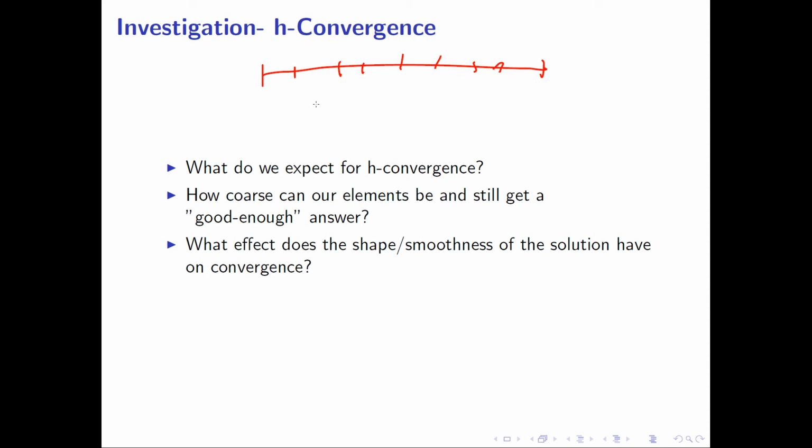So the question is, how quickly would this solution approximation converge as we vary our element size? We would expect that the rate of convergence might have something to do with the underlying nature of our solution approximation.